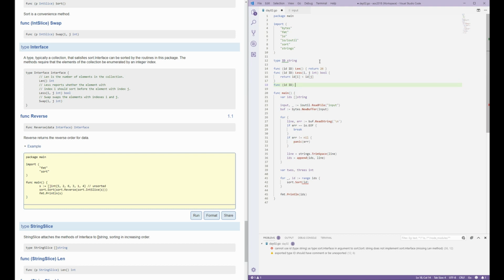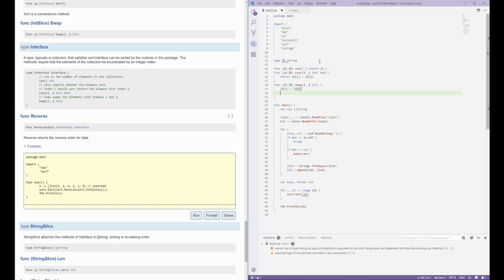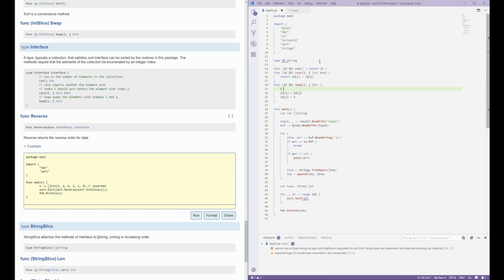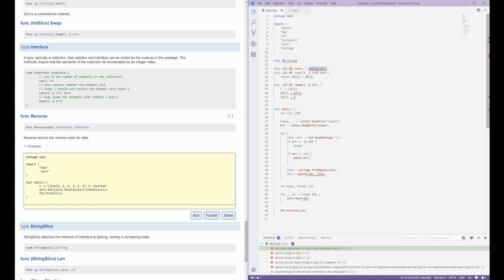Suppose that needs to have a reference. And then we have IDs being too many, return, blah, blah, blah.